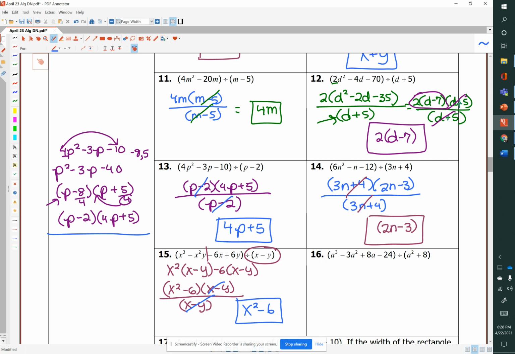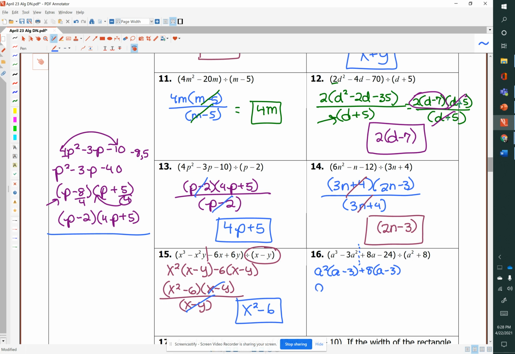And then we have another polynomial with 4 terms. So let's group it. We can pull out an a squared, which leaves us with a minus 3. And we can also pull out a positive 8, which leaves us with a minus 3.